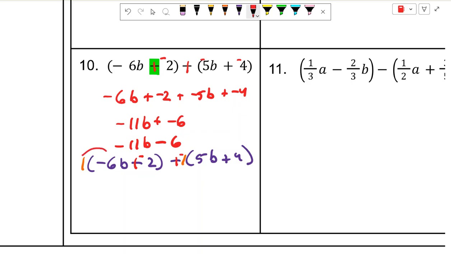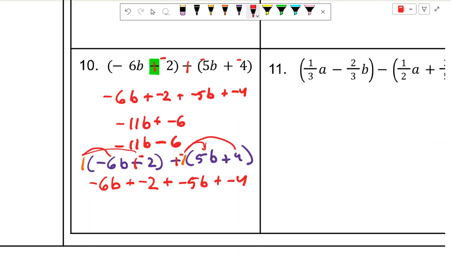In the beginning, this is 1 times negative 6b, which is negative 6b, and 1 times negative 2 is negative 2. Then over here, this negative is distributing the negatives inside here, just as we did up there. So negative 1 times 5b is negative 5b, and negative 1 times 4 is negative 4. We bring down the plus signs.